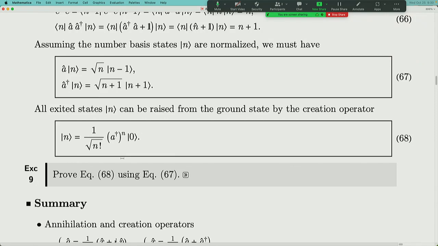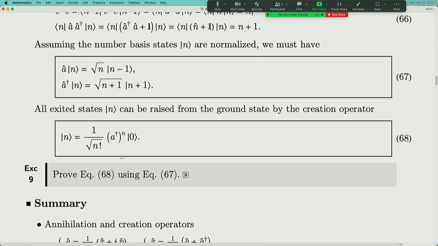Although it's still not very intuitive, and maybe there's no wave function yet, already we can build all these eigenstates from the single state, which is the ground state. As long as we know the ground state, we can keep applying the creation operator on the ground state, and that takes us to all these excited states. Okay? So in some sense, we already have an expression for what these excited states should be, right?